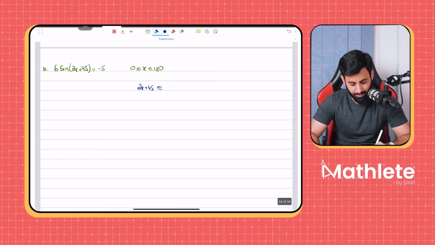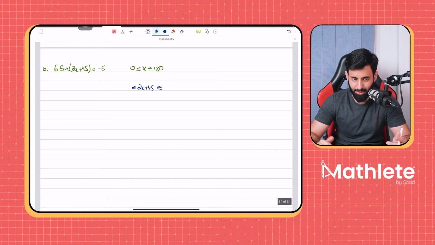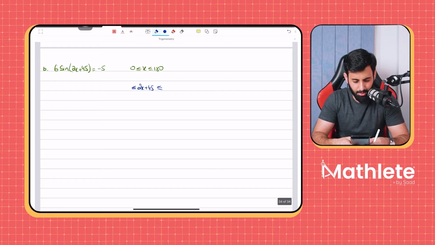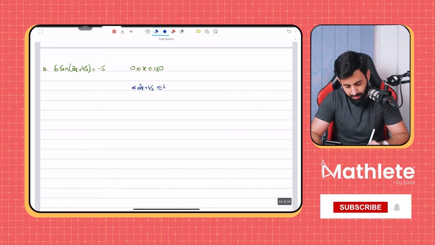Yes, 45 also gets multiplied by 2. So instead of becoming 2x plus 45, it actually becomes 2x plus 90. So 180 times 2 plus 45, we're looking at 405, and we're looking at 45.